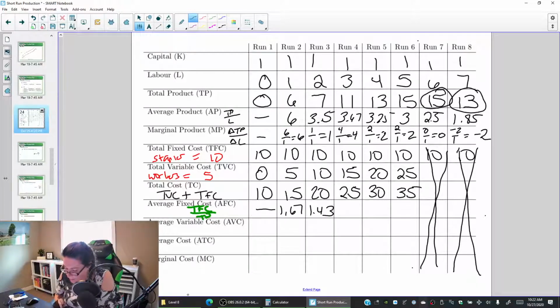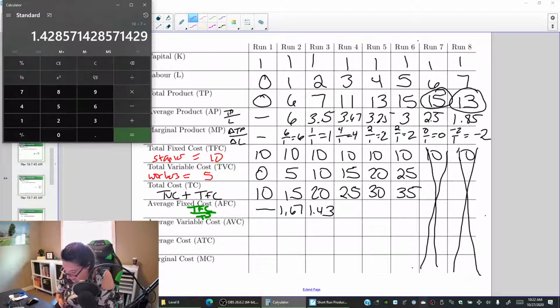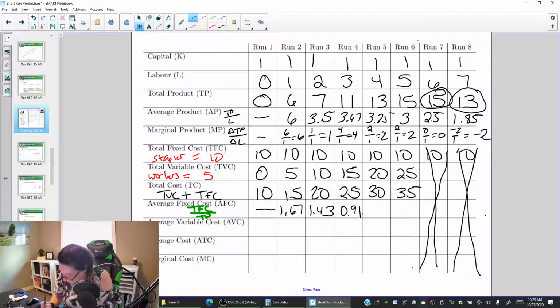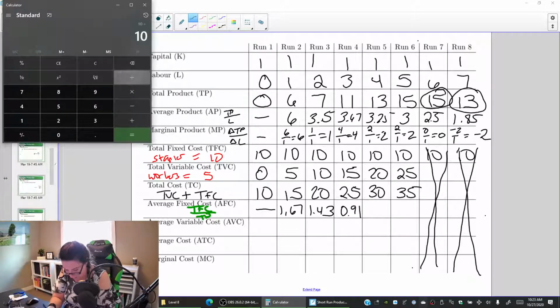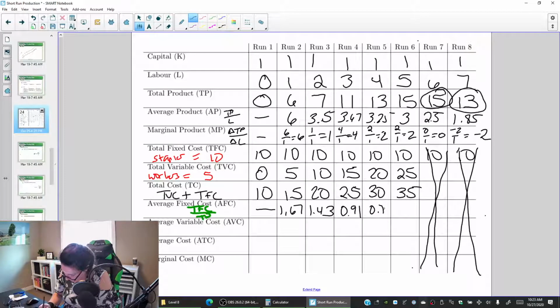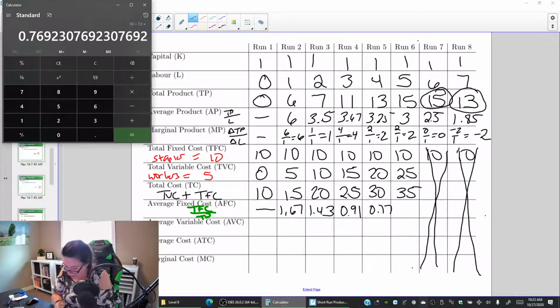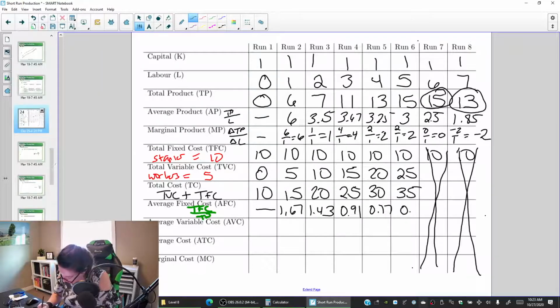When we produce 11 units, we still have that $10 stapler, so we're taking $10 and dividing it across 11 units, and we get 0.91. And let's do the last two. So again, $10 stapler, but now across 13 units. 10 divided by 13 is 0.77. And lastly, we have a $10 stapler, spreading it across 15 units, and we get 0.67.